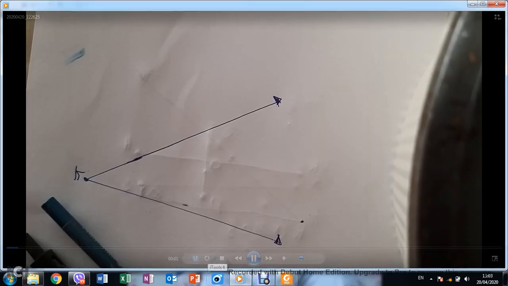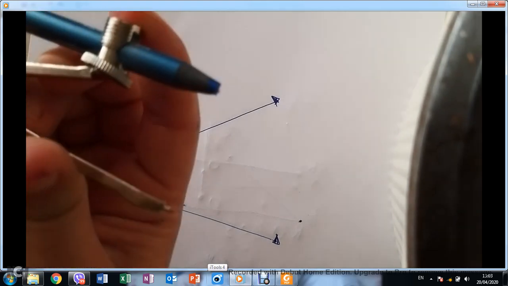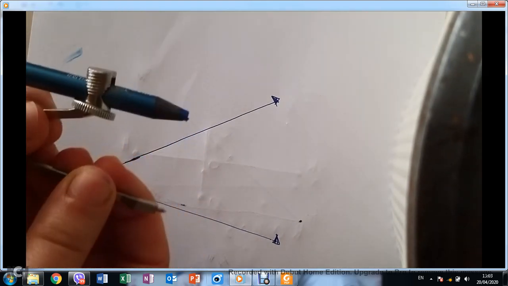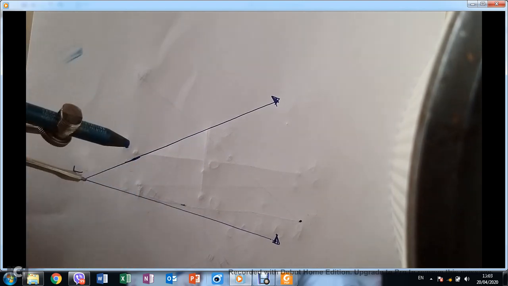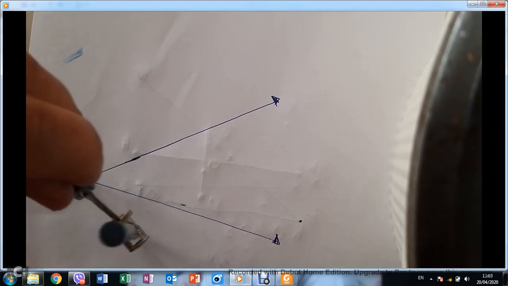Look how you draw it. We have angle K. Like the example I explained, I open the compass. The compass needle and the pencil need to be at the same level. Now I draw an arc.